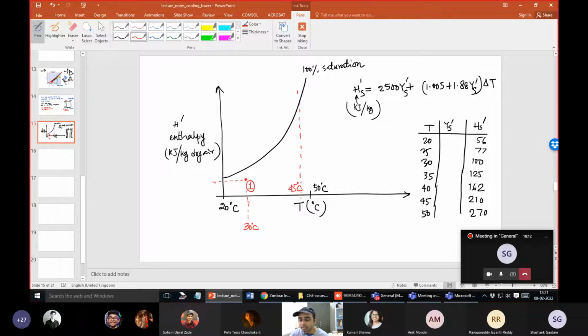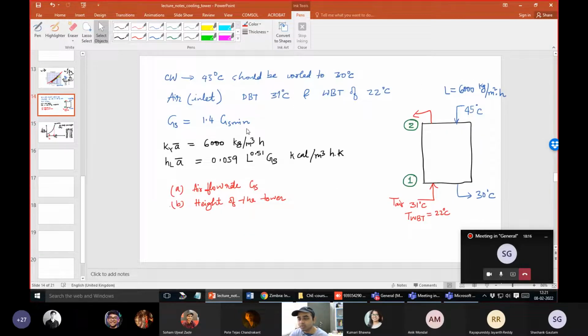But for the bottom point, we can find out the enthalpy of the inlet air. How? Based on the information provided, the inlet air has a dry bulb temperature of 31 and a wet bulb temperature of 22. Using this information, you can locate your point in the psychrometric chart, isn't it? And you can calculate all the other properties.